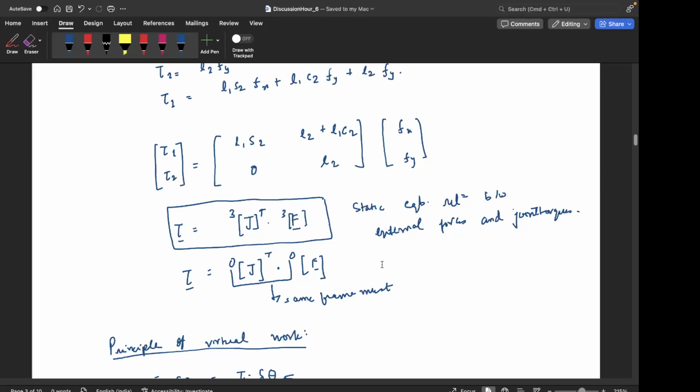So tau is equal to J transpose F, where tau is the joint torque at each of the joints. The Jacobian matrix is expressed in the same frame as the force, the frame in which you are writing the end effector force, that should be consistent, and we do this multiplication to get tau. So when we discuss the control aspects of manipulators, we will be using this relation very frequently to convert quantities from the task space or the Cartesian space to the joint space.